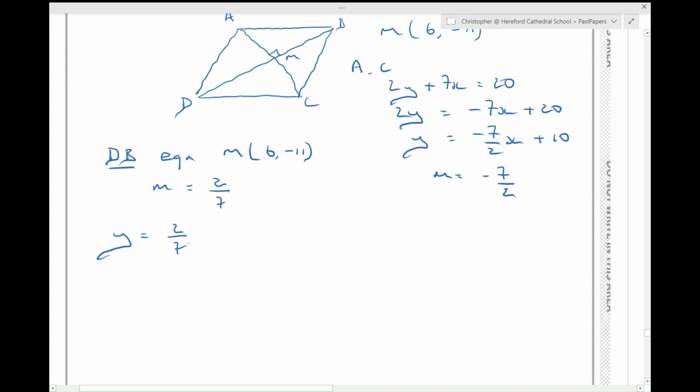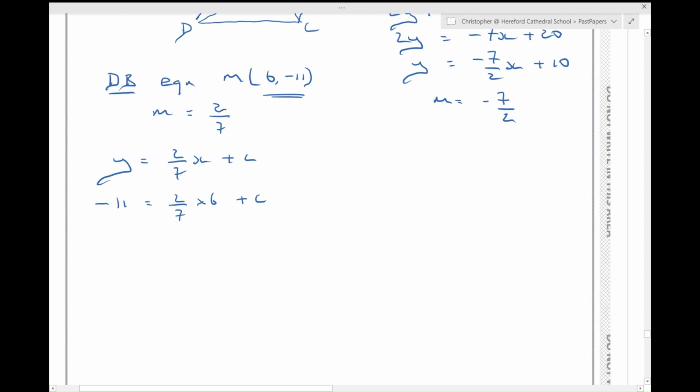y will be 2/7 of x plus c. Let's substitute in the values that I know. Minus 11 equals 2/7 times 6 plus c. Rearrange that to give me c is minus 89/7. So the equation of DB is y equals 2/7 of x minus 89 over 7.